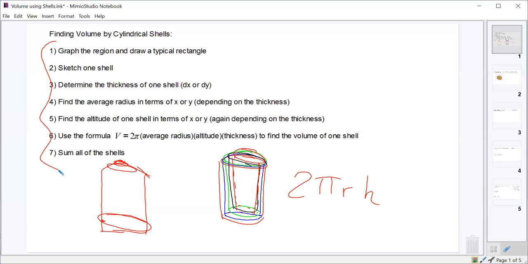So, for example, with this one that I was just talking about, if I were revolving around this axis, I would sketch a rectangle that was parallel to that. And then I would revolve that rectangle around the x-axis, or around the y-axis in this case, to get one cylinder. And I would do it with any arbitrary rectangle going across.